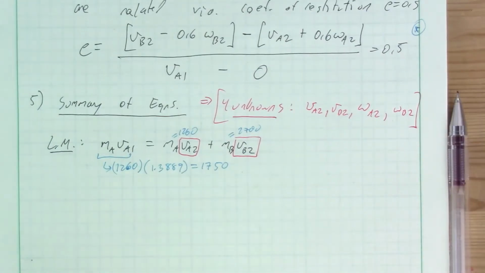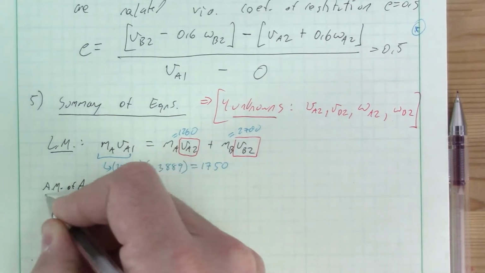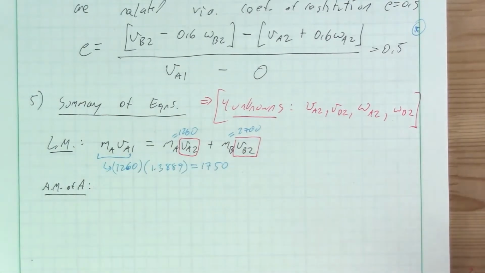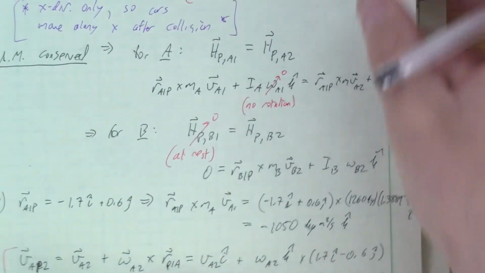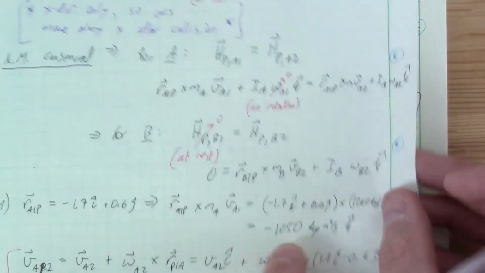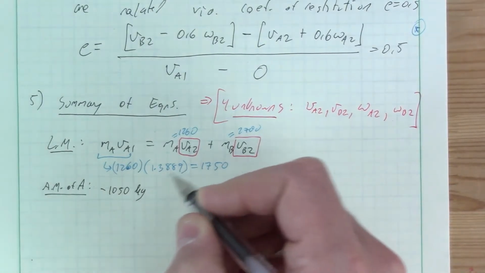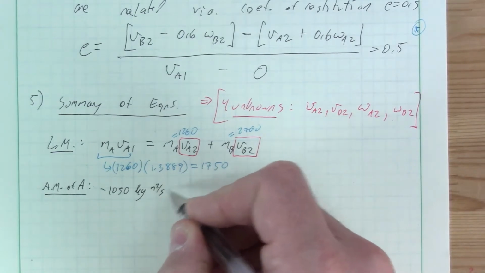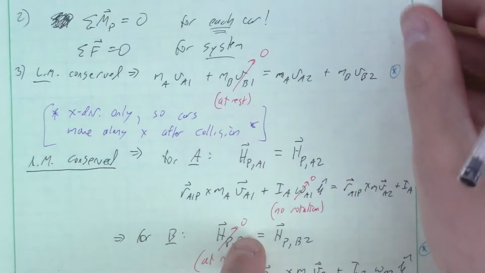What do we know from the angular momentum of car A? We know the relationship looked like this, and we calculated this to be negative 1050 kilogram meter squared per second in the k-hat direction. I'm going to plug some values in here.